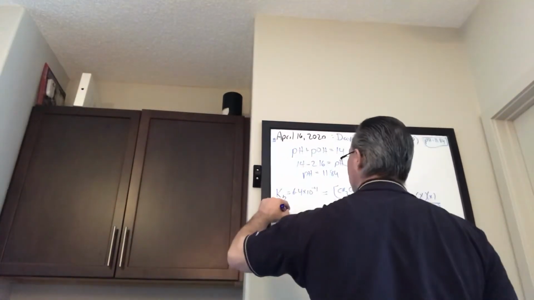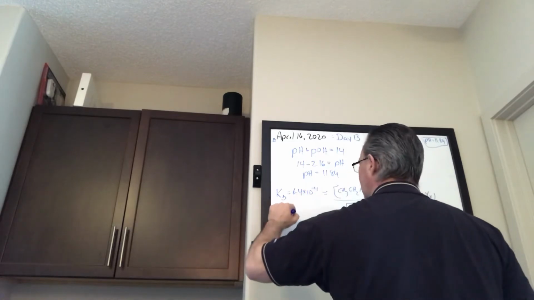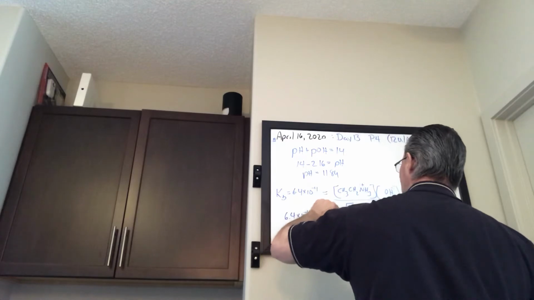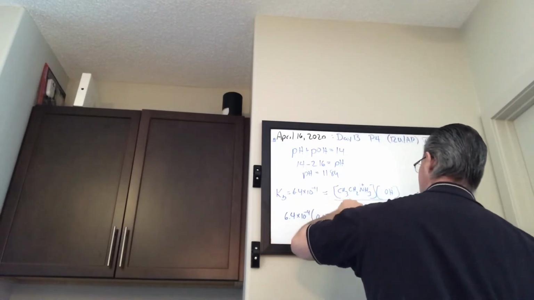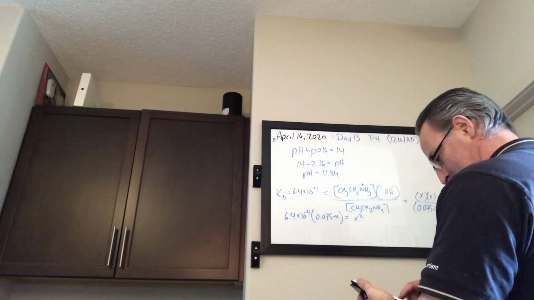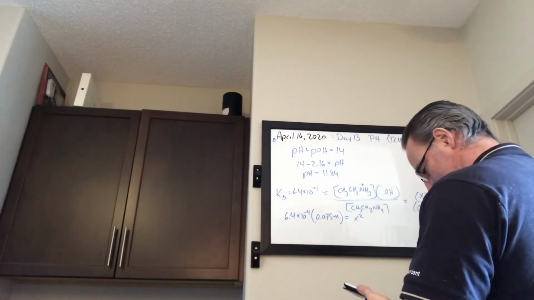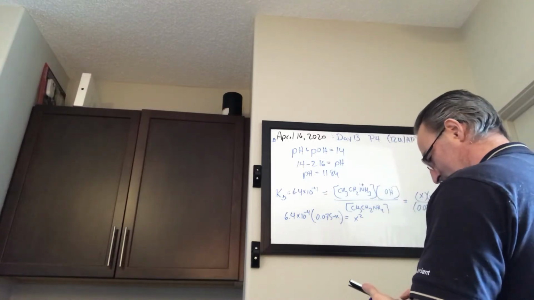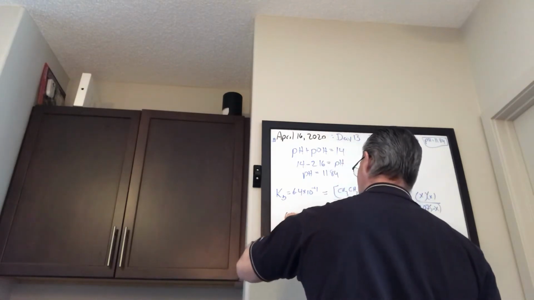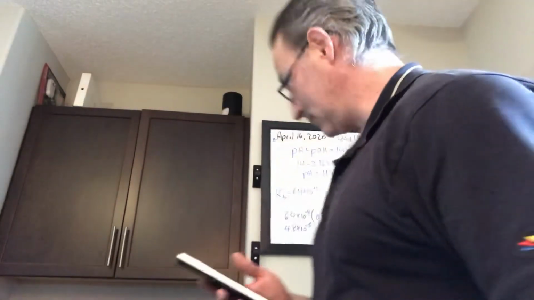So if you have 6.4 times 10 to the negative 4 times 0.075 minus x is equal to x squared, you're going to get 6.4 exponent negative 4 times 0.075 gives you this 4.8 times 10 to the negative 5. You know what I'm going to do this time? I'm going to actually show you what it looks like when you use the quadratic formula, which is like penance, frankly, but we'll see what that looks like.